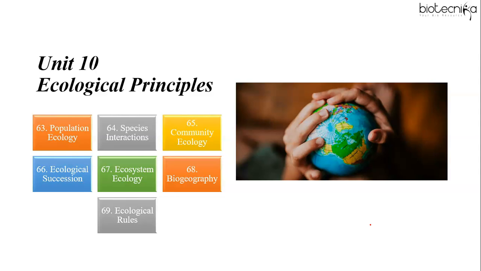Especially during the revision process, if you want to emphasize the important topics, these are the important topics from Unit 10. And we can expect figure-based, numerical-based, or statement-based questions from this unit.